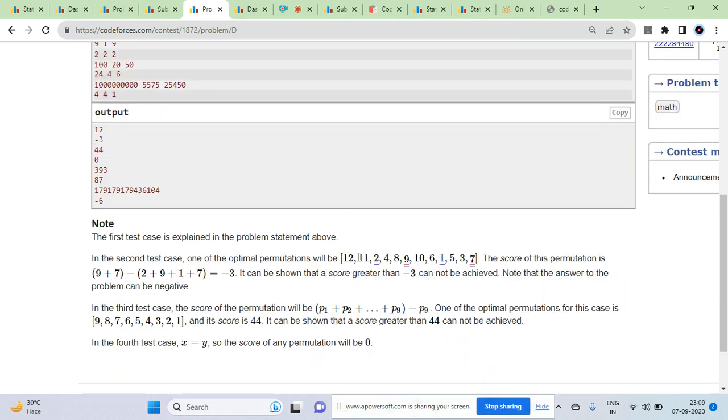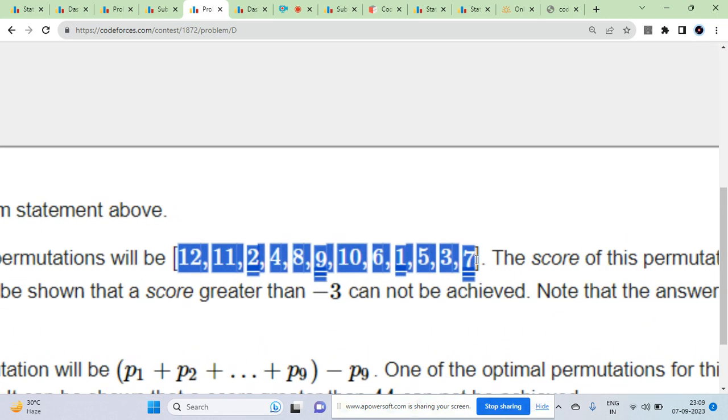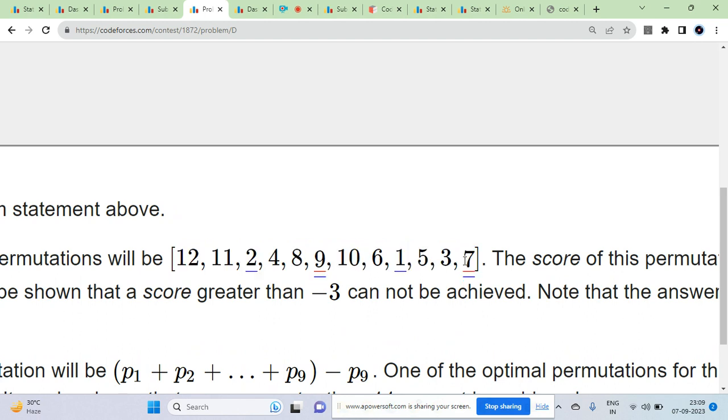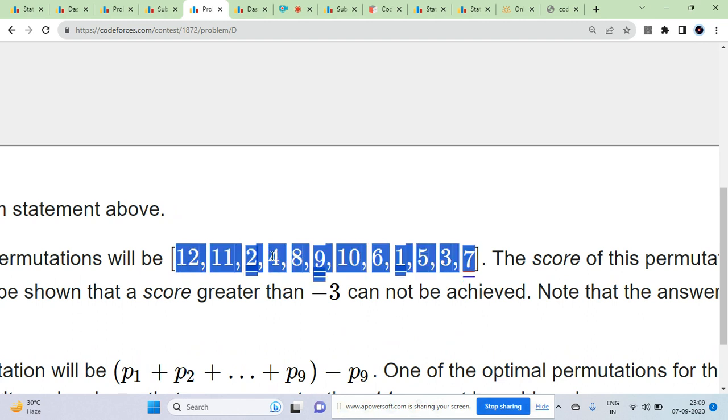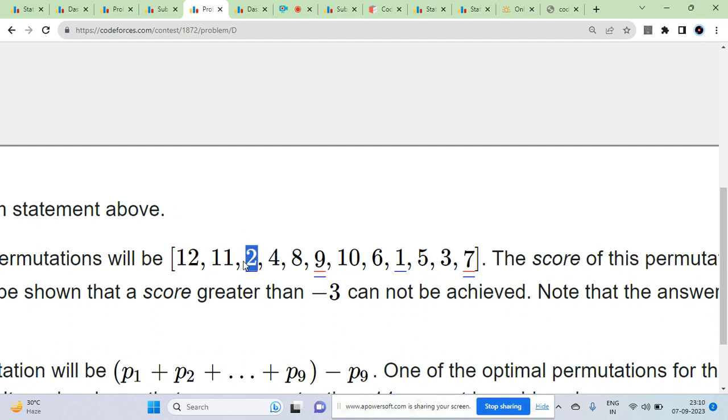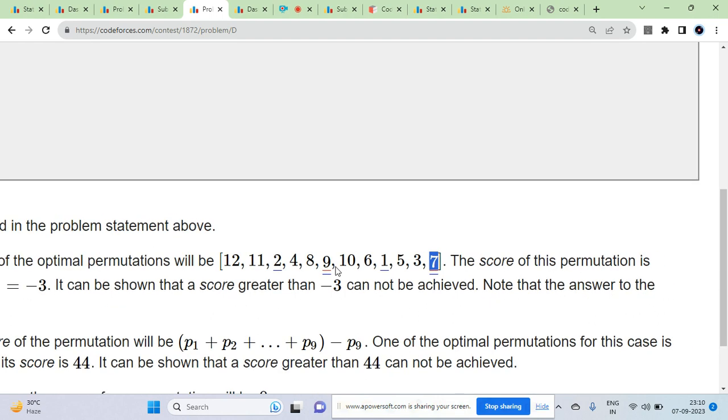Okay, so this is my array of size 12, and this is a permutation of size 12. I'm saying go to the multiples of x equal to 3. This is 3 in terms of index, this is 6 in terms of index, and so on, 9 and 12. These numbers are useful, and y is equal to 6.